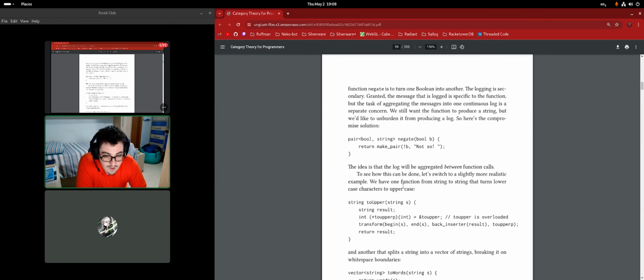So the way that you're going to solve that is by removing the accumulator from the argument of the functions, but we will still return the pair.